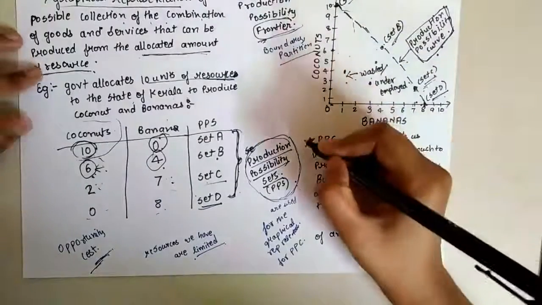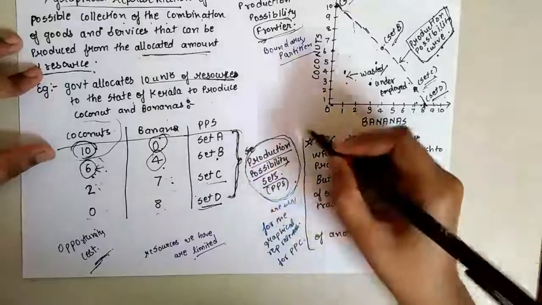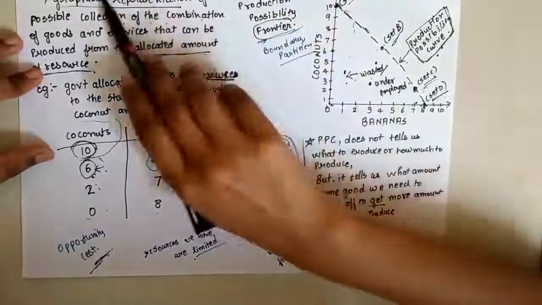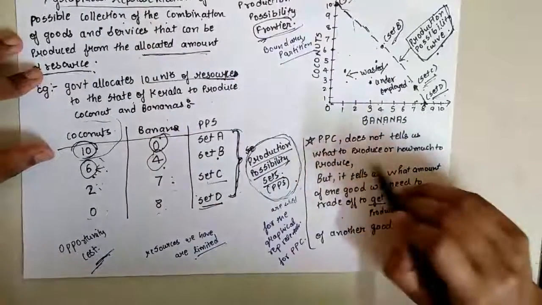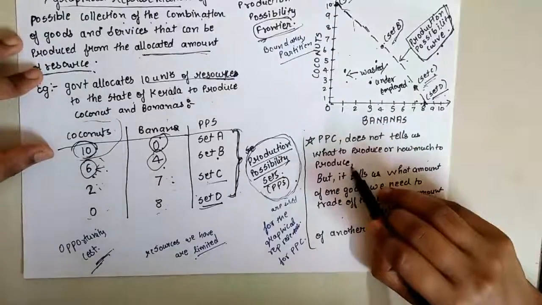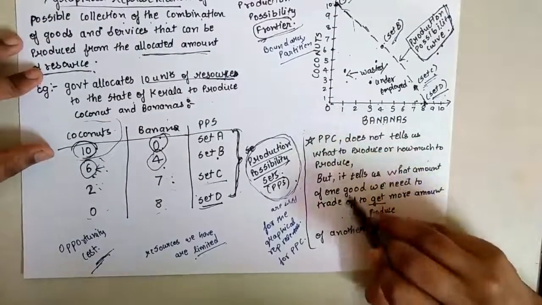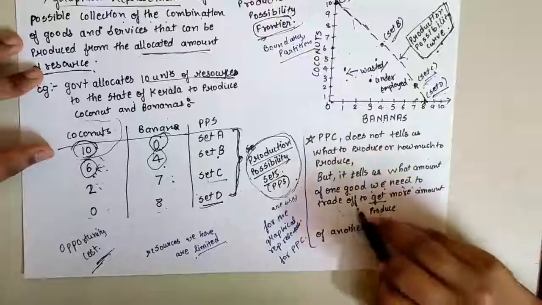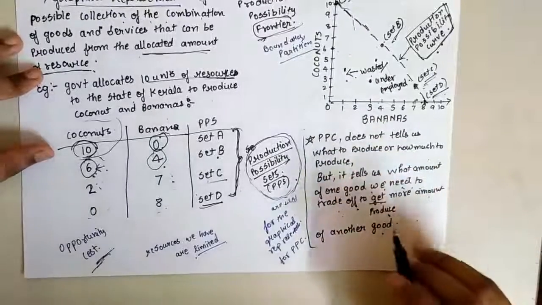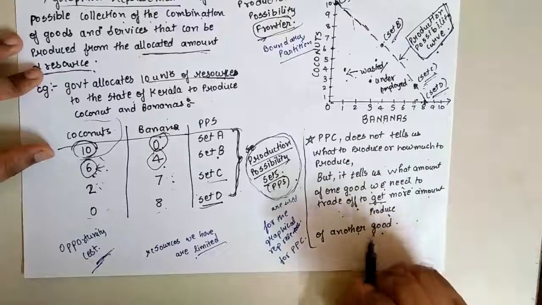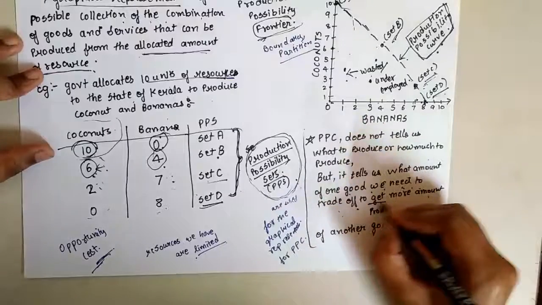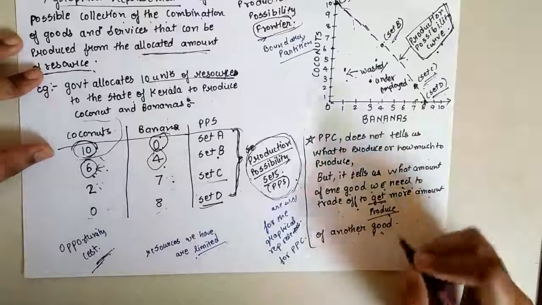Here is the important point: the production possibility curve does not tell us what to produce or how much to produce, but it tells us what amount of one good we need to trade off to produce more of another good.